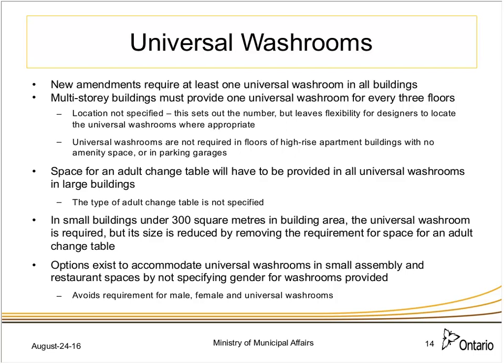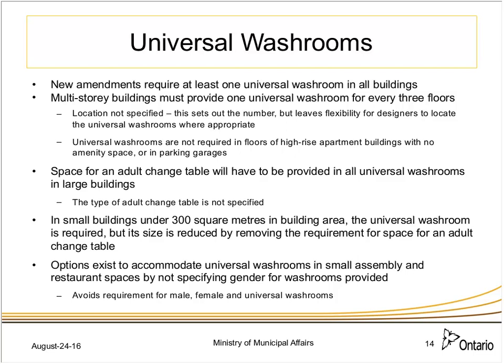And there's a really good reason for that. There's a whole bunch of different ways right now to provide an adult change table, and no one particular solution predominates. So failing a movement towards a CSA standard or some other kind of thing that we could reference, we've left it basically up to the designer and their client to work out how they will address that situation beyond the space being provided.